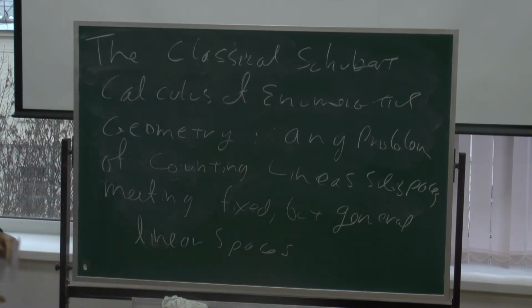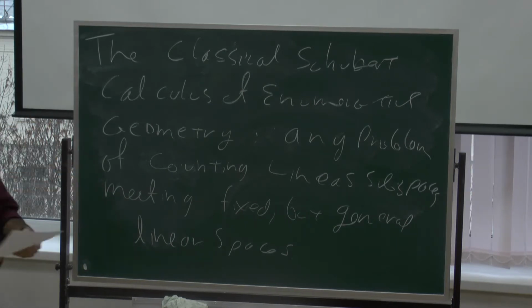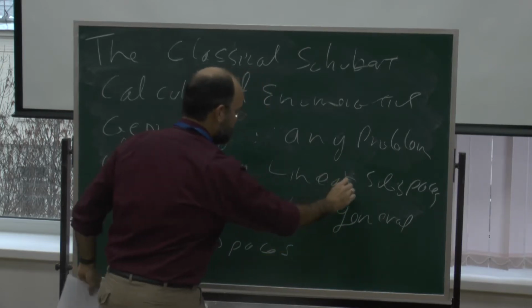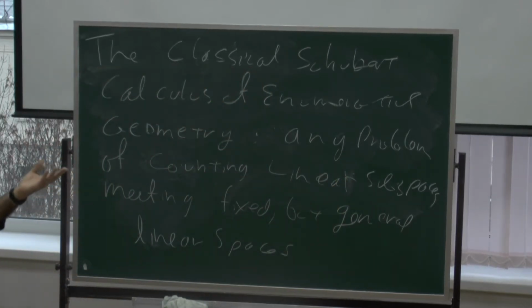So there are many types of enumerative problems. For instance, lines that are incident on a cubic surface, and Schubert calculus involves linear subspaces of a vector space or projective space that have a position with respect to other linear spaces that's specified in some way.